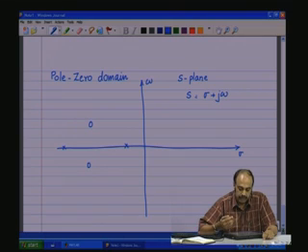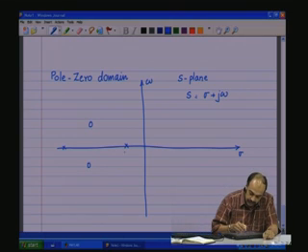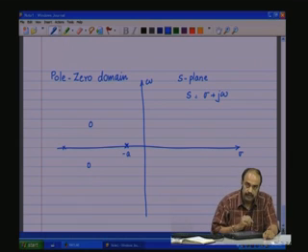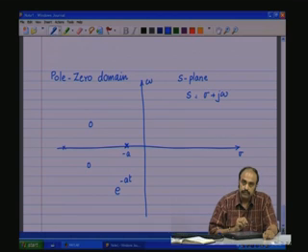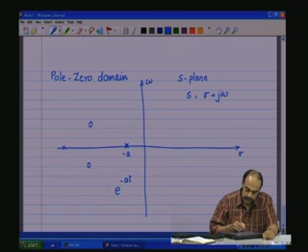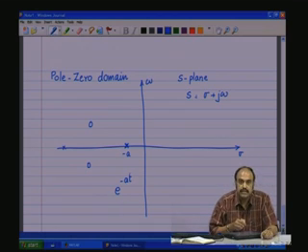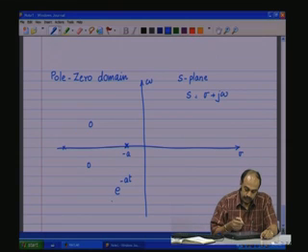That is, if there is a pole of value a only, then this will result in a time response of e to the power of minus a t.